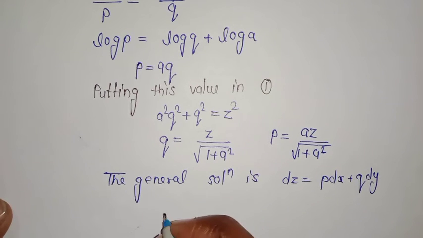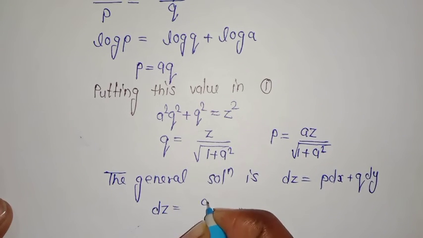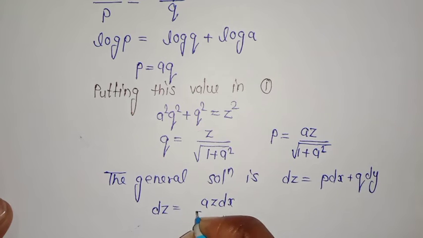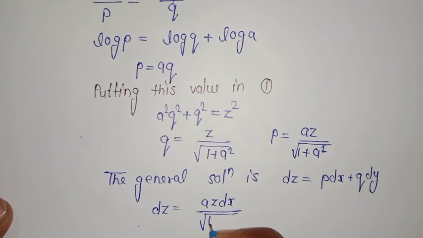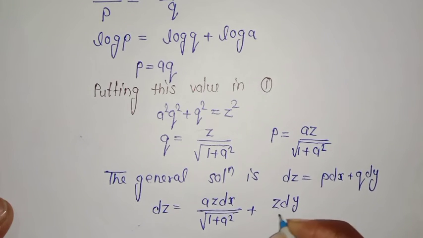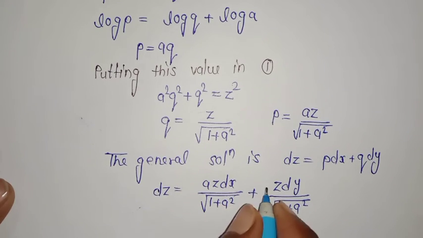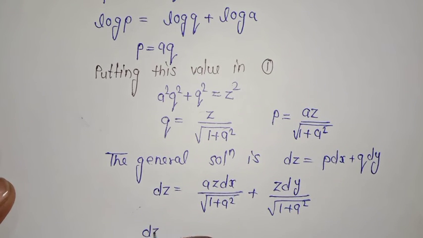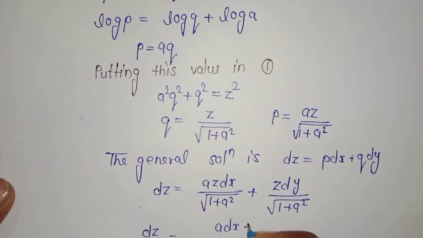So this equation takes the form dz is equal to az dx upon root of 1 plus a square plus z into dy upon root of 1 plus a square. Now if we take the terms of z to one side, this becomes dz by z is equal to (a dx plus dy) by root of 1 plus a square.